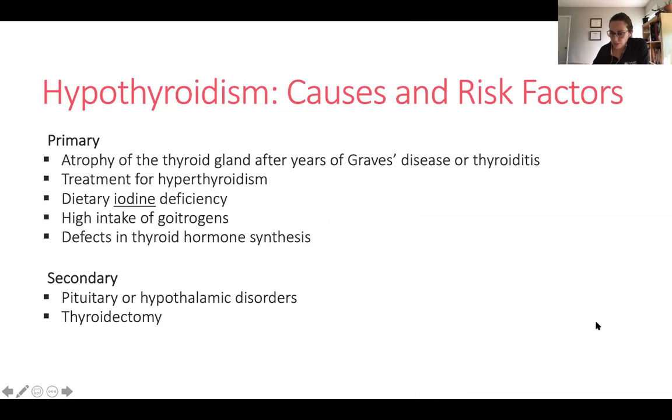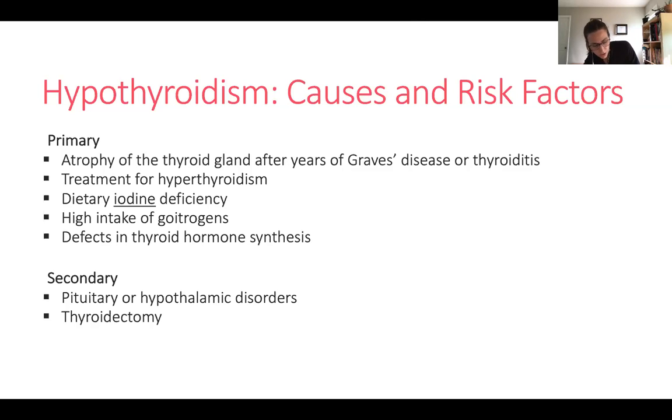So the causes and risk factors: the primary cause is atrophy of the gland after years of Graves' disease or thyroiditis. Primary hypothyroidism accounts for about 90 to 95% of all cases of hypothyroidism. So remember that the thyroid uses iodine to manufacture hormones.